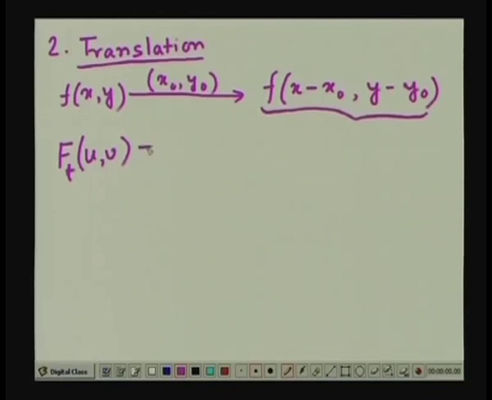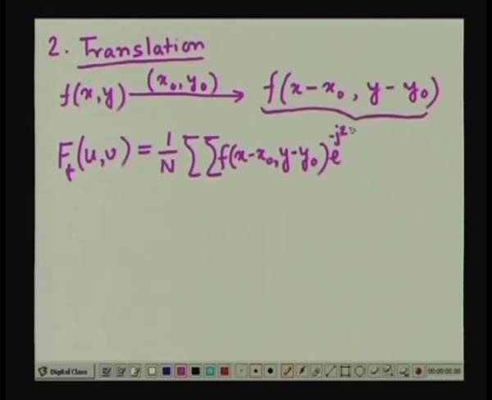Going by the similar expression, this will be nothing but 1 upon capital N, f of (x minus x naught, y minus y naught) into e to the power minus j 2 pi by capital N into u(x minus x naught) plus v(y minus y naught).